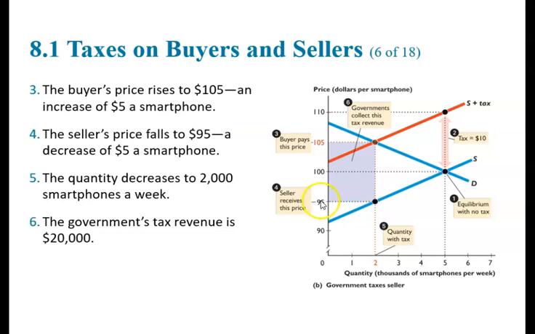On the other hand, sellers are now receiving $95 rather than $100, so $5 of the total $10 tax burden is also falling on the sellers. Once again, the burden on the buyer and the seller is equal, $5 each.